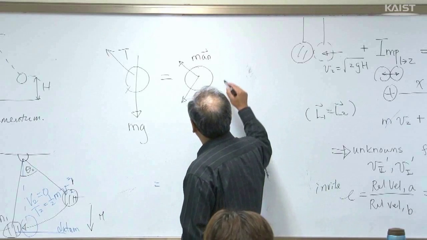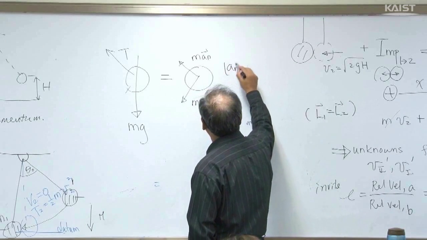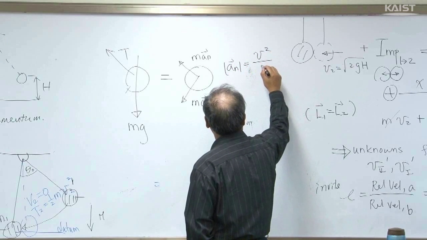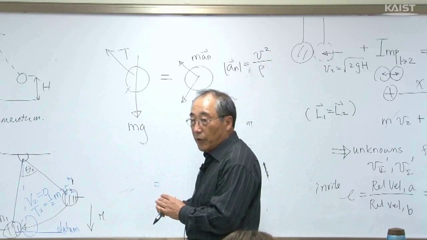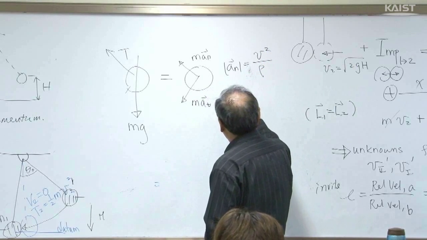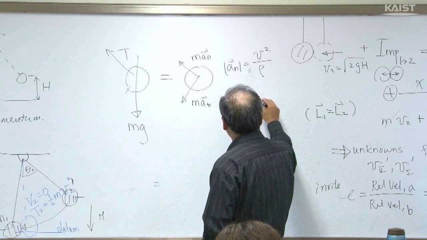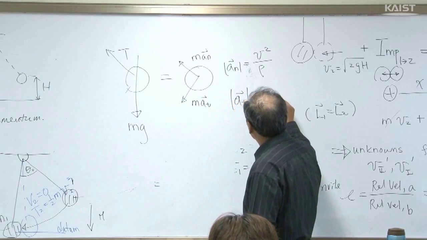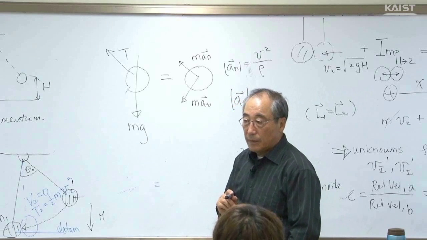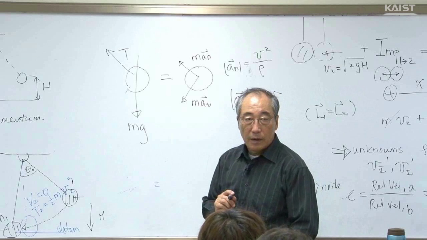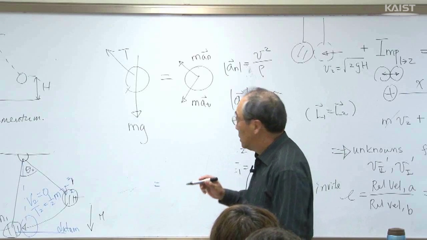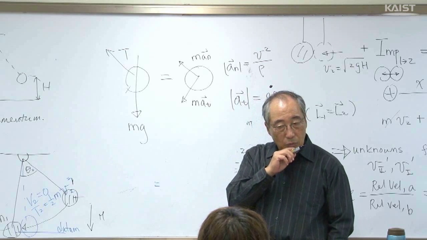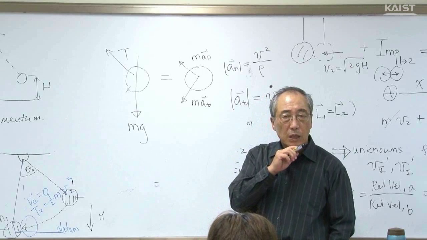And then you say, okay, a_n, the magnitude of this has to be v squared over rho. You remember something. And a_t, vector a_t, magnitude of a_t should be v dot. Then, what is the coordinate I'm using?